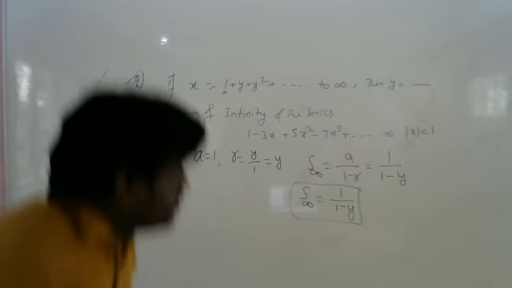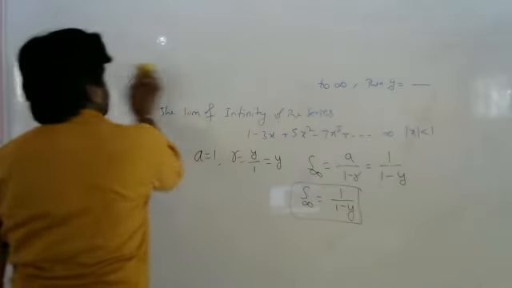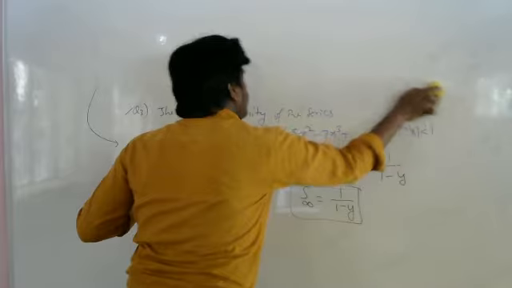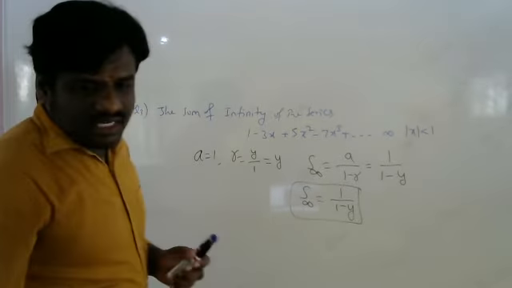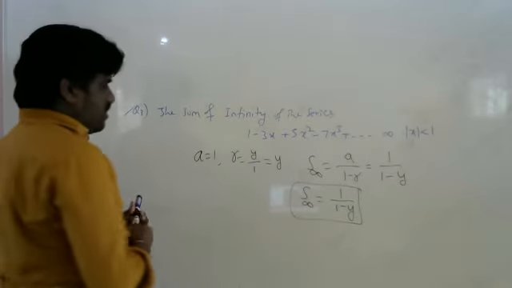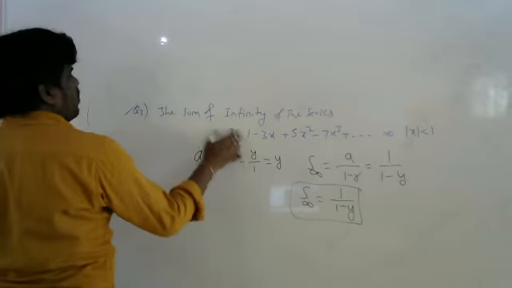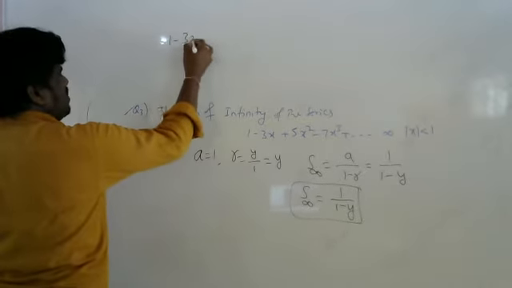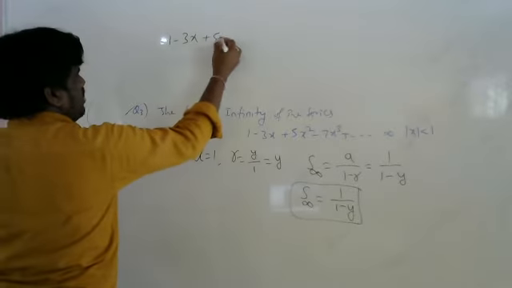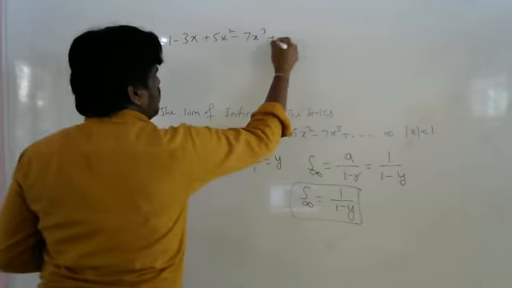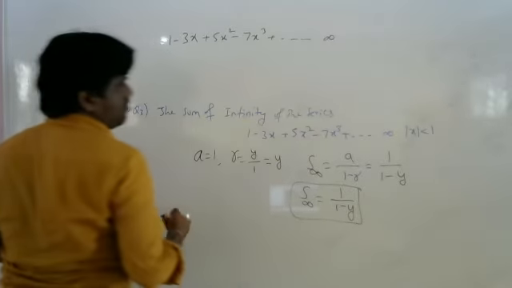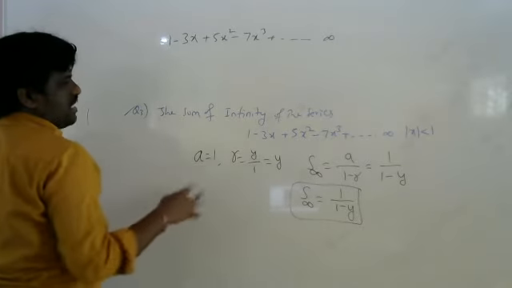Yes. So this is where we use S infinity. S infinity has a huge role in IIT, so it is very, very important. That is the reason I gave the proof also. Now find the S infinity of 1 minus 3x plus 5x square minus 7x cube plus so on to infinity, where they have given mod x is less than 1.